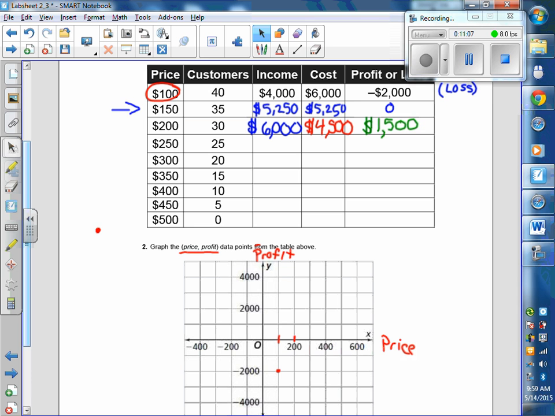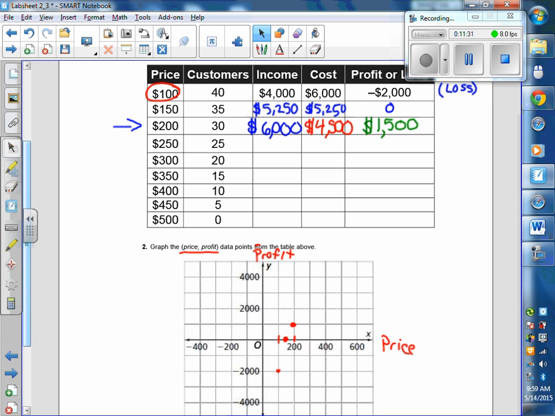Now, for the price of 150, I'm going to go in between 100 and 200, and I have no profit, I have a zero. For my third point, for the price of 200, I'm going to go over from the starting point to 200, and my profit is $1,500.